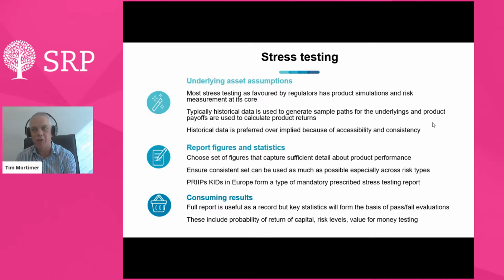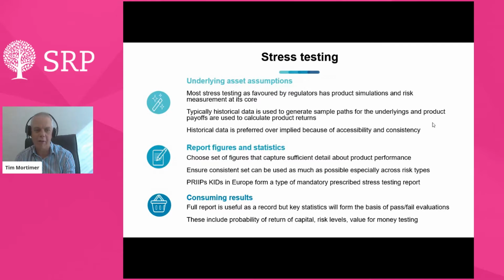So in terms of stress testing, typically parties now like to use historical data to generate sample paths and provide the engine for the Monte Carlo simulations. Historical data is preferred over implied data because historical data is available to all parties, particularly on the buy side. Implied data, which is how pricing is done, is really only accessible to banks, and also each bank has a different view of the world in terms of its pricing.